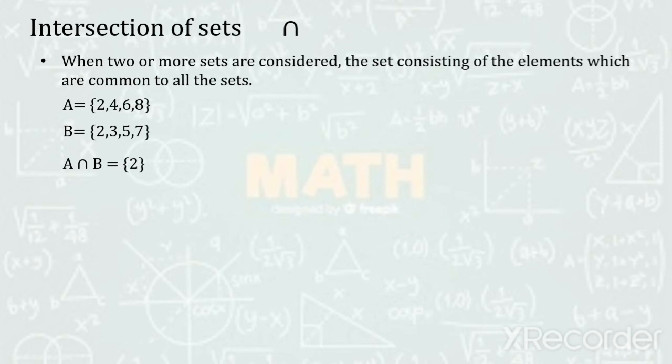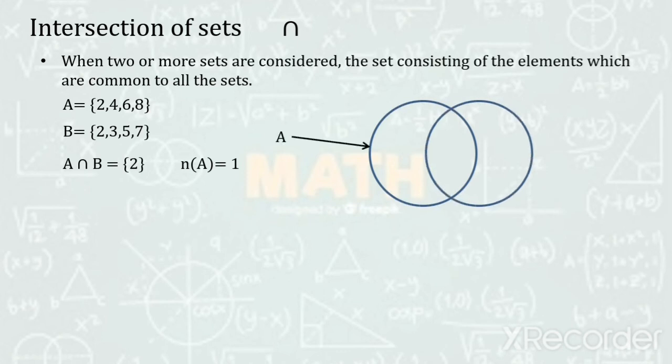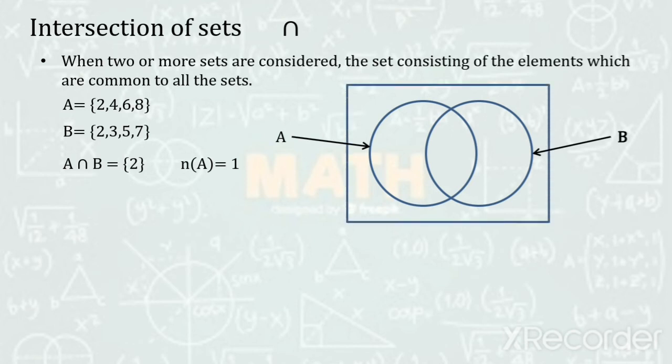So you have to write that within brackets. And the number of elements in A intersection B, sorry, I have not written it correctly, that is 1. If we represent this example in a Venn diagram, we have to shade the middle part to represent the intersection of sets.